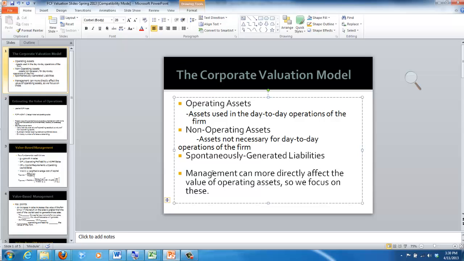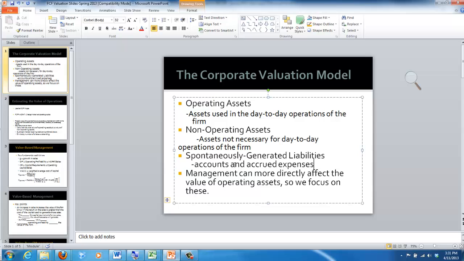Another area you need to know about are spontaneously generated liabilities. These are typically accounts payable and accrued expenses. And just as the name implies, they are generated spontaneously whenever the company makes sales, whenever they increase their revenues. We expect them to have more employees working to generate those sales and those revenues.